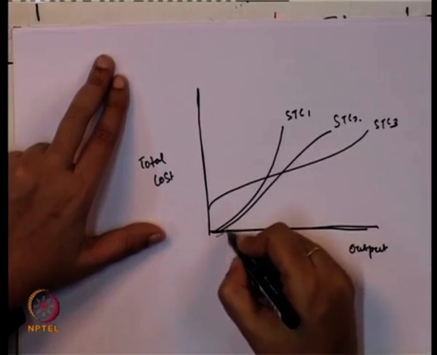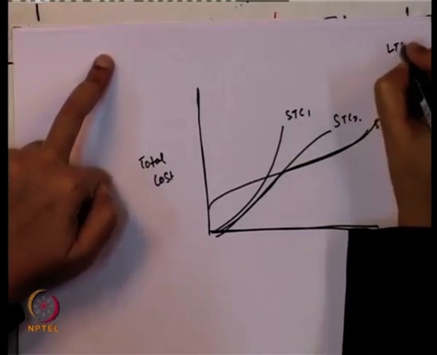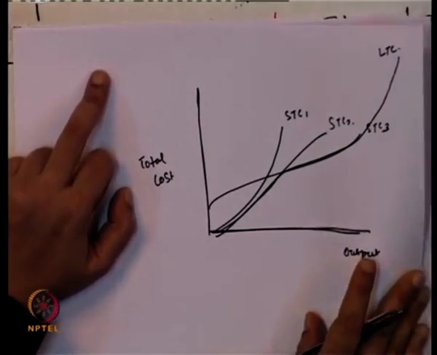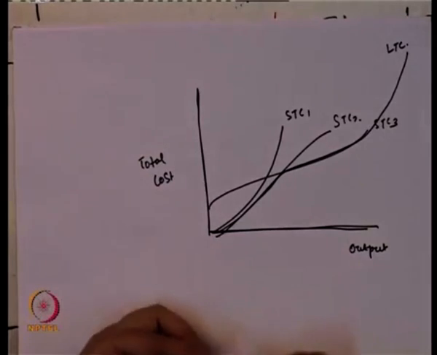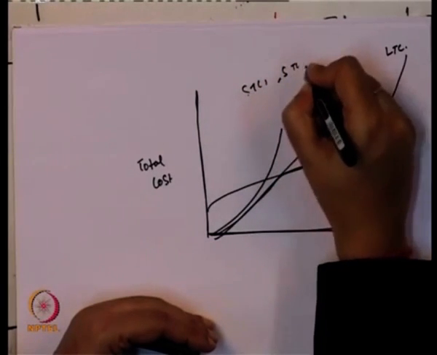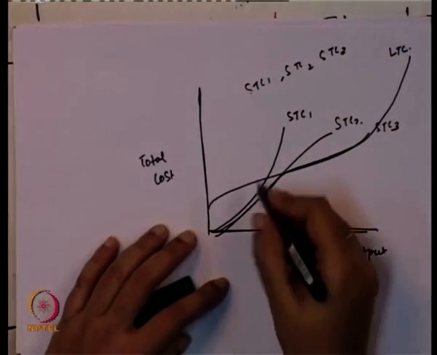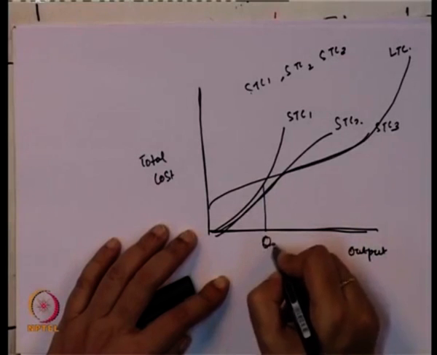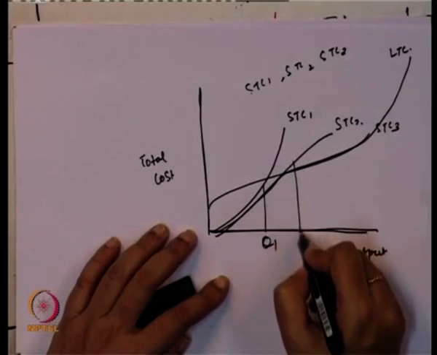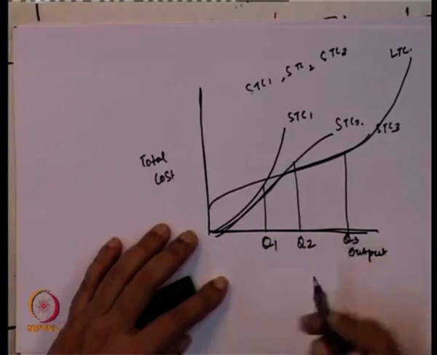So, when you join together all these short run cost curves, that gives us the long run total cost curve. So, STC 1, STC 2 and STC 3. This is Q1 level of output, this is Q2 level of output, and this is Q3 level of output.